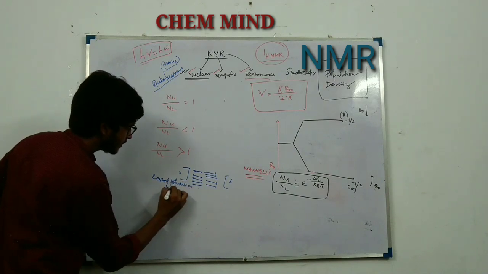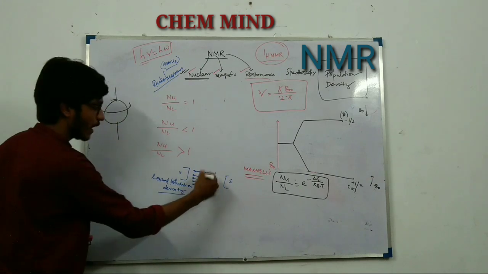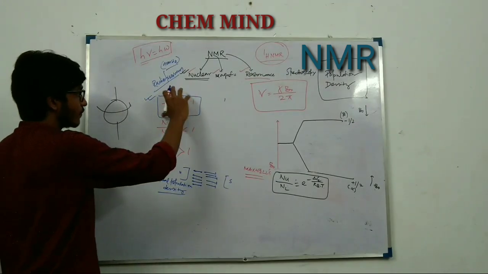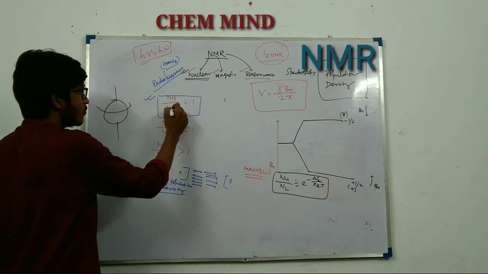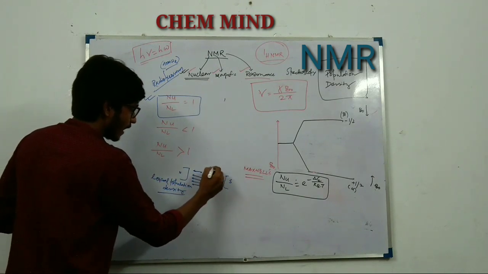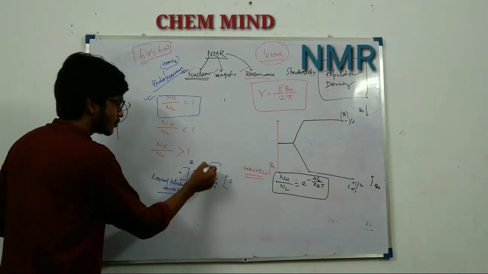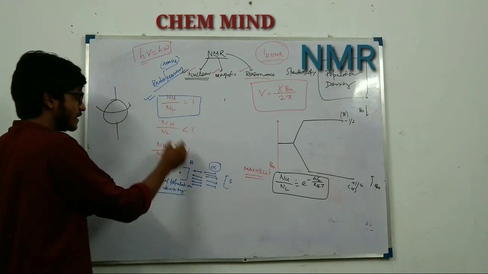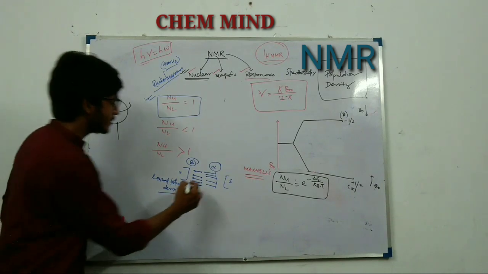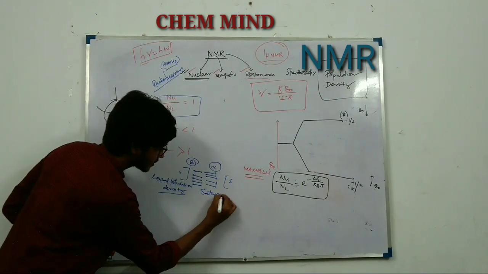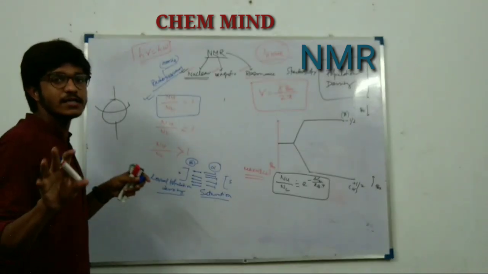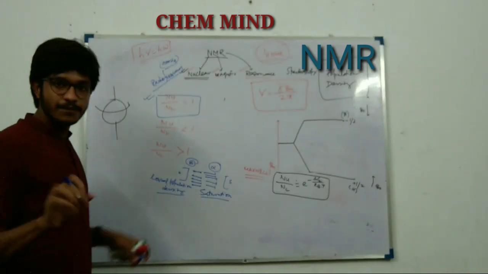When this comes, we assume Nu by Nl equal to 1, meaning the number of nuclei in the alpha state is equal to the number in the beta state. So saturation comes, and when saturation comes, no absorption spectrum is given by the NMR.